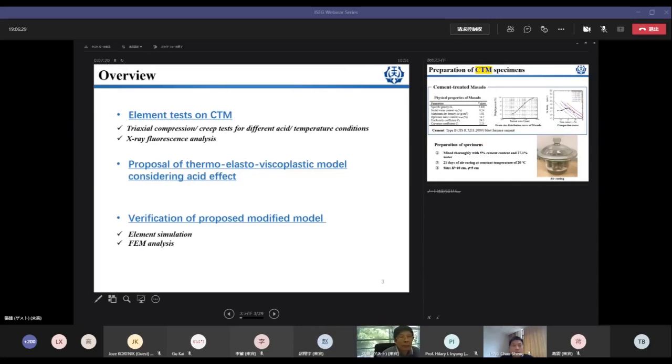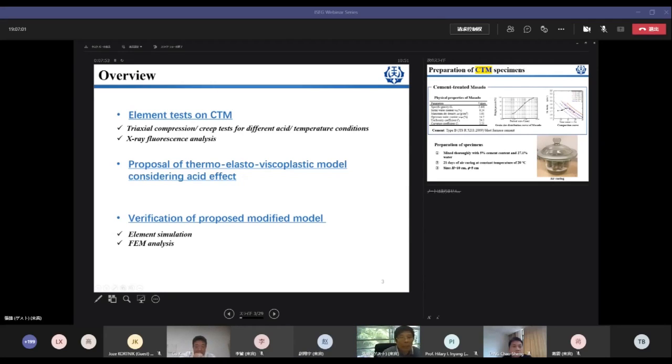The research comprises 3 parts. One is the element tests on CTM, cement treated soils, with triaxial compression creep tests for different acid and temperature conditions. Meanwhile, the microstructure of the soil was also investigated by X-ray fluorescence analysis to find out the change of the alkali ions component.